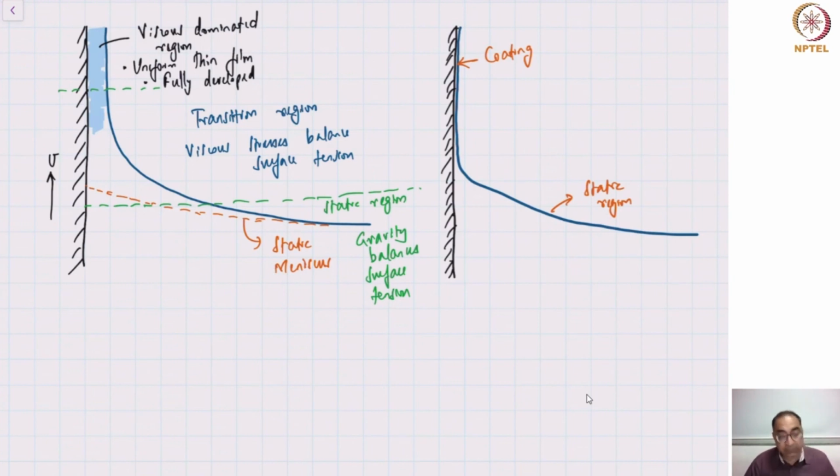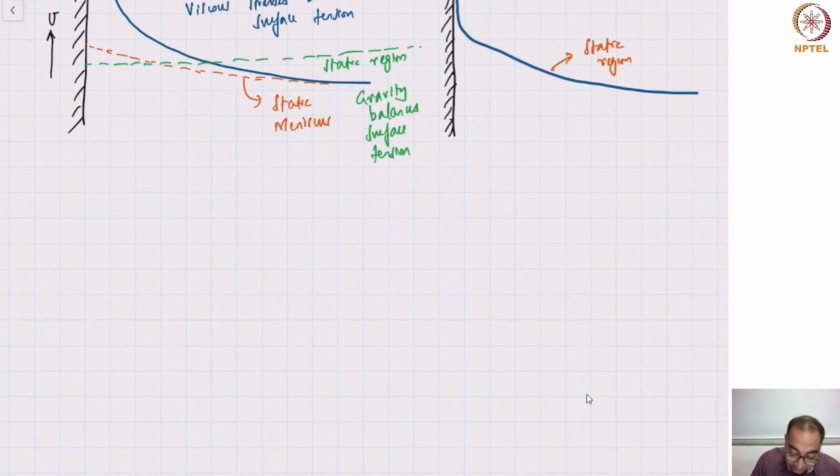Now, doing a full-fledged matched asymptotic procedure is beyond the scope of this course, but instead what we will do is use clever scaling analysis to basically get the dominant scaling law. Okay, remember the scaling law that is of interest to us.